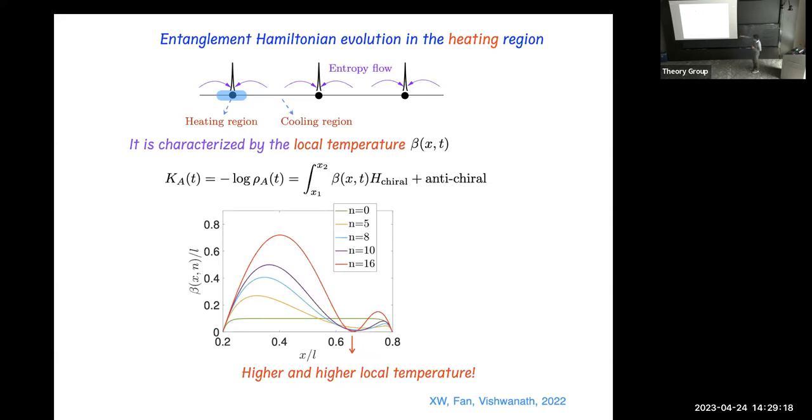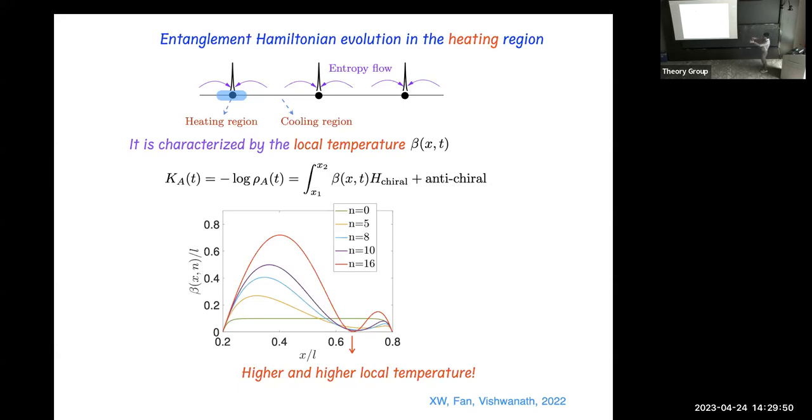If this value is smaller and smaller, it means the effective temperature here is higher and higher. Why is the temperature here higher and higher? Because as we drive the system, this peak is highly entangled with the neighboring peak. This super high temperature is because of the increasing entanglement between the two peaks. This is why we see some dips here in this heating region.